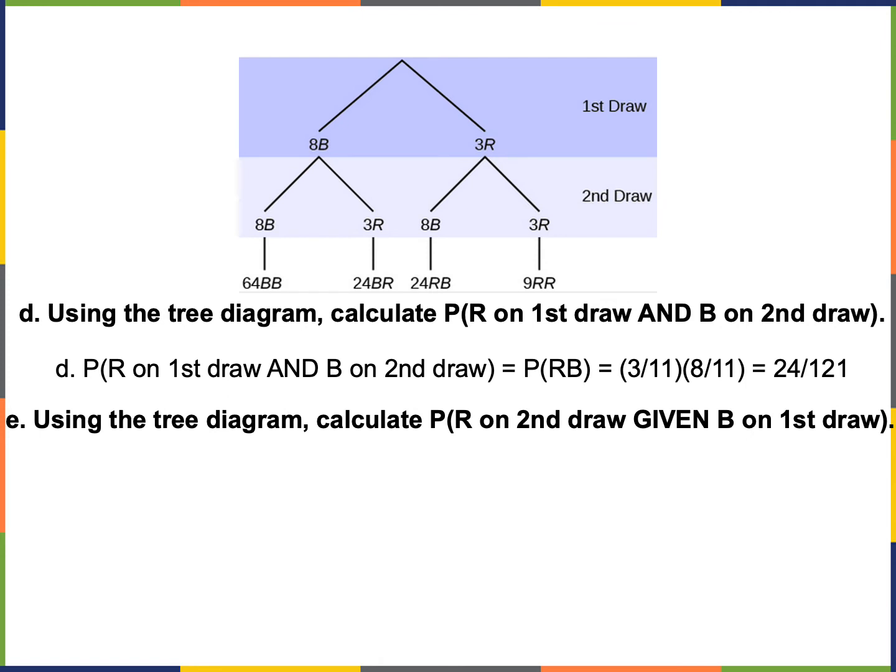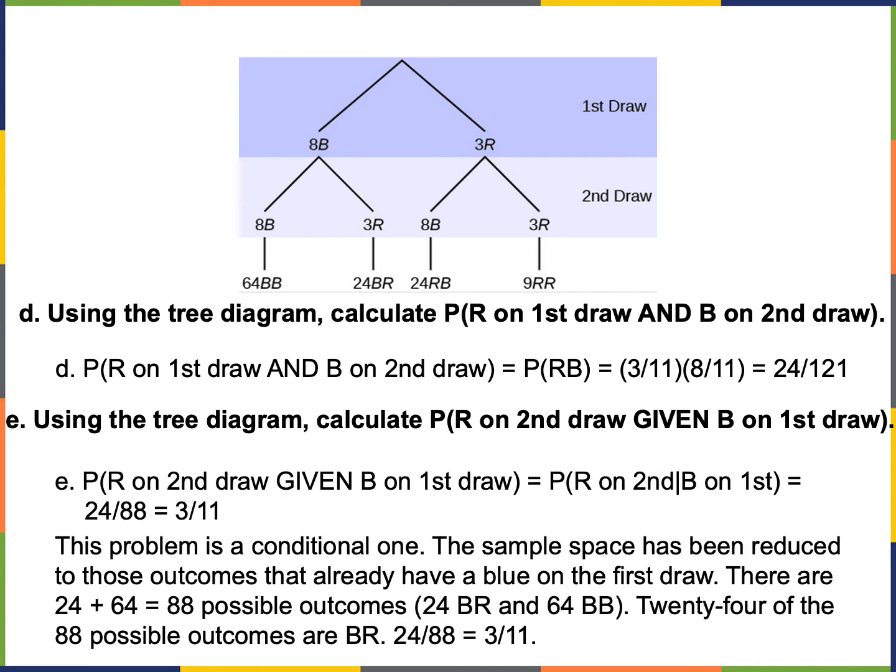Now let's do the probability of getting a red on the second draw given that you had a blue on the first draw. Remember that given shortens your sample space. So this is a conditional, right? Let's look at how the sample space gets reduced. The condition is that you have to draw blue on the first draw.